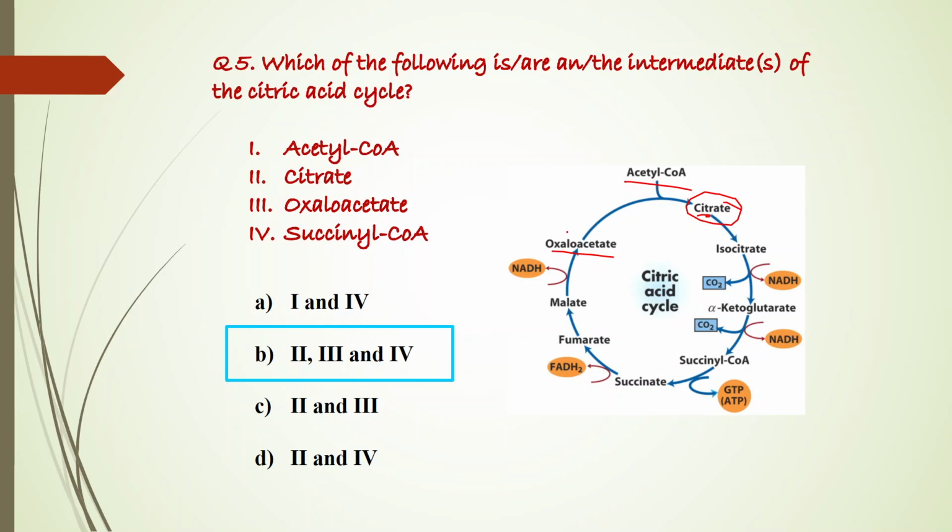We can see oxaloacetate is the starting product, and you have your acetyl CoA. This is the enzyme that interacts with it and forms citrate. So citrate is one of the intermediates. So in the question, option number 2 is an intermediate of our TCA cycle.